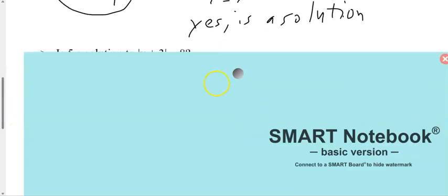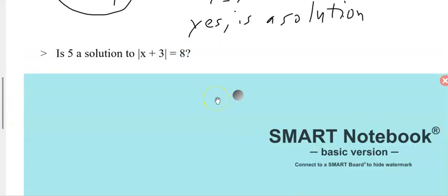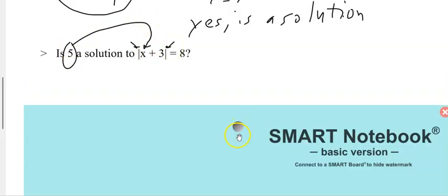Keep going. Is 5 a solution to the absolute value? Remember, these bars here mean absolute value. We're still going to plop this in here, just as we did before, but remember, we need to keep those bars. 5 plus 3 equals 8. So that gives us the absolute value of 8 equals 8.